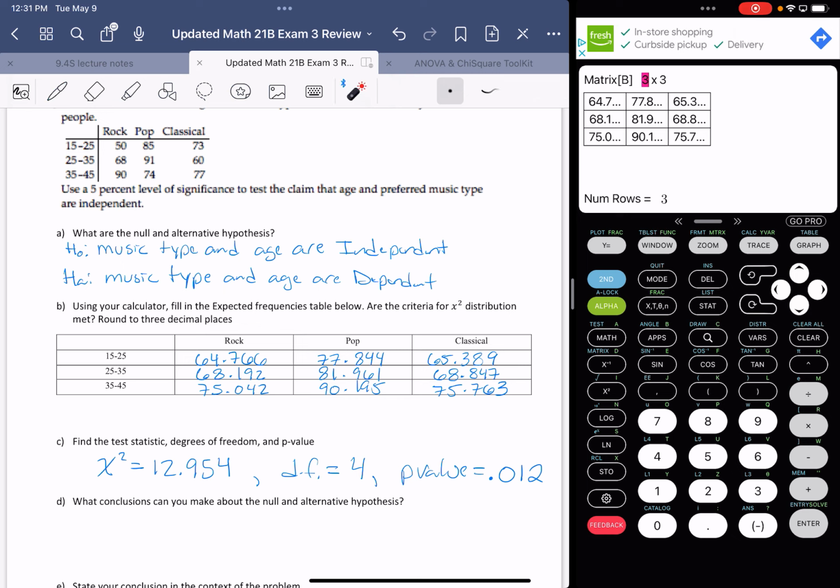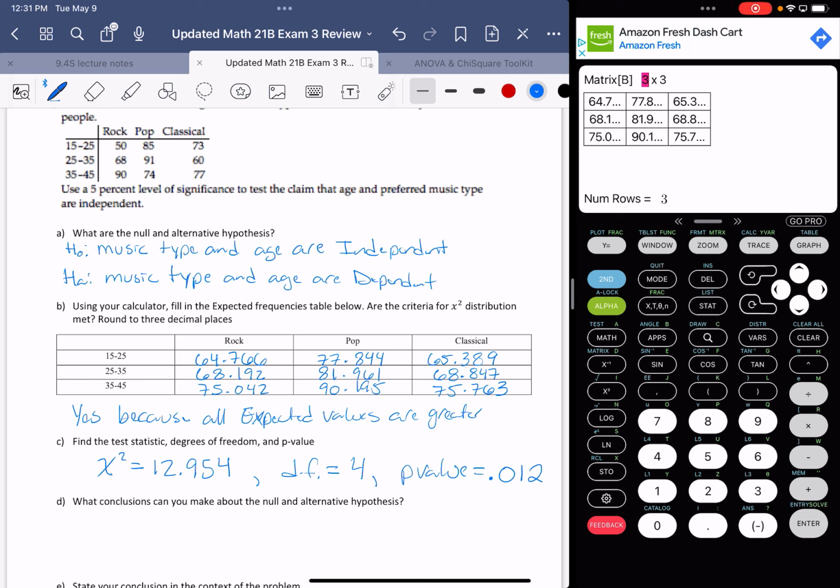So, are the criteria for chi-square distribution met? Yes. Why? Because all expected values, or expected frequencies, are greater than 5. All those values we just found are greater than 5 in our table.